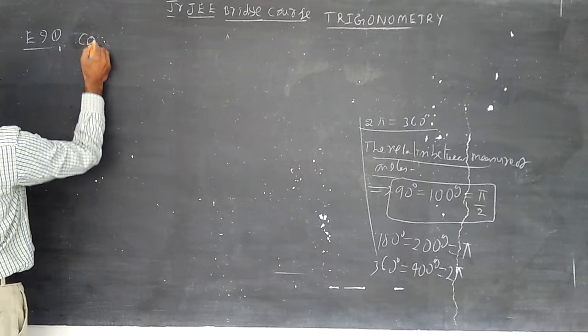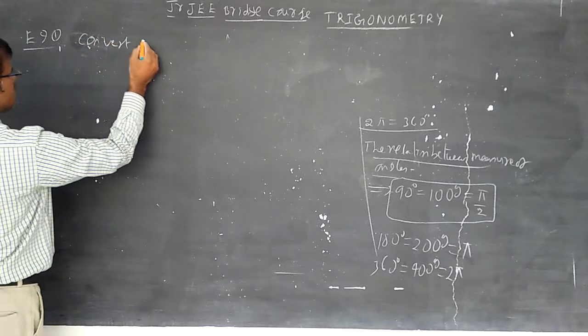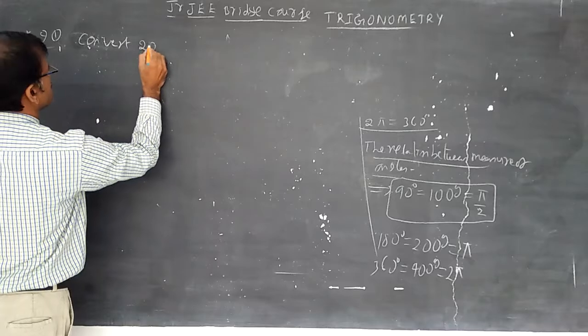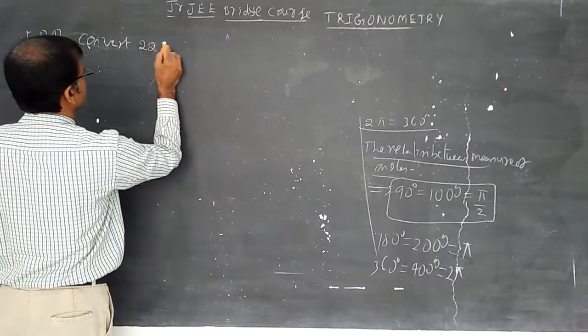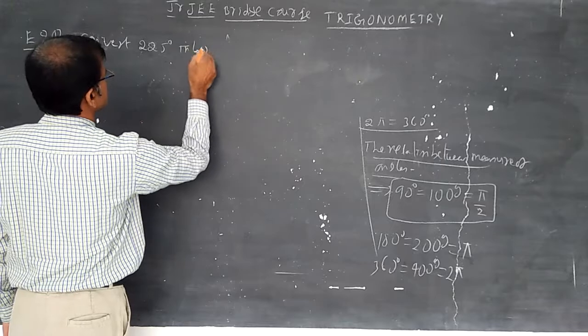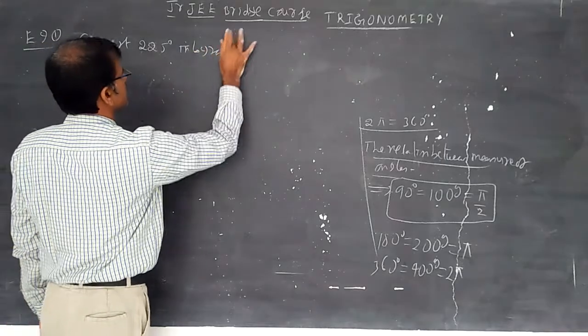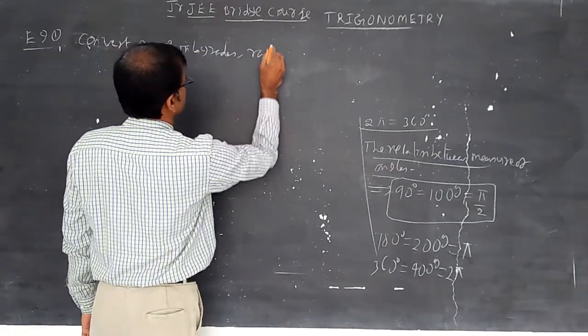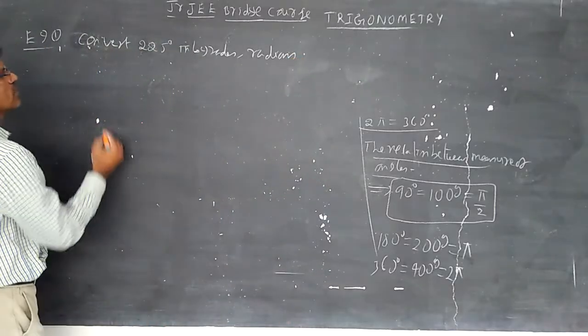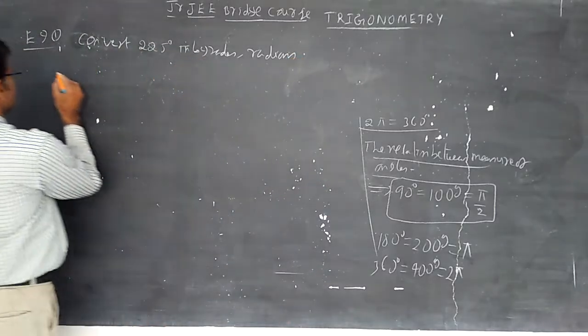Convert 225 degrees into grades and radians.